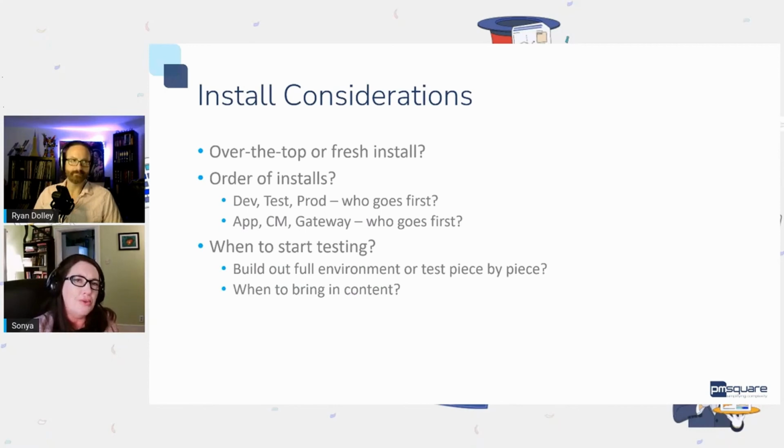So we do the prod install on a separate machine. Nobody's accessing it from there. And then it's a decision of, do we just replicate it back to QA and dev, or I don't know. There's a lot that goes into which one of those installs we'll choose to do first.